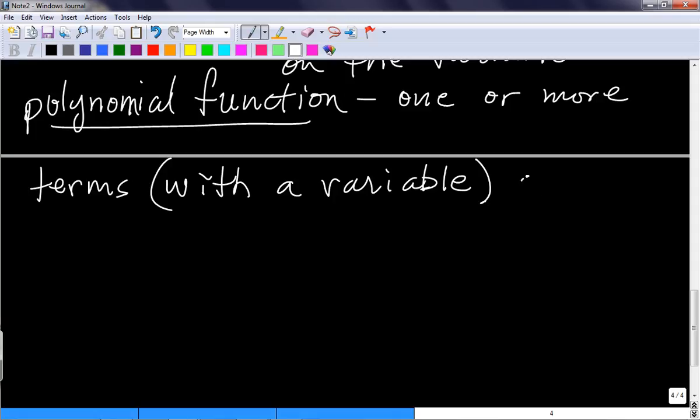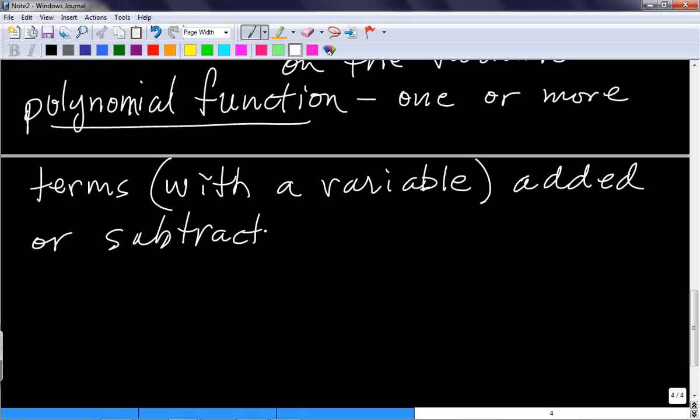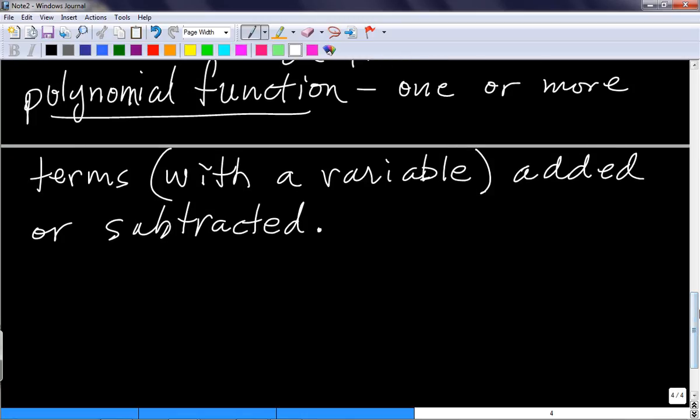One or more terms added or subtracted. Okay, that's really just a simple, bare bones explanation. That explanation in the textbook, I think, is a bit complicated. Maybe it's a little bit more accurate, a little bit more all-encompassing, but let me just talk about why I put this sort of description in here.